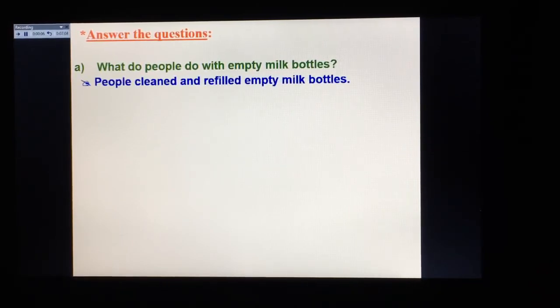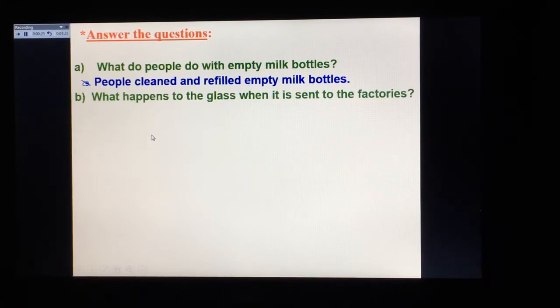I help you with the answer. What do people do with empty milk bottles? Yes, people cleaned and refilled empty milk bottles. For example, you can see in your life milk bottle and water. And question B, what happens to the glass when it is sent to the factories?